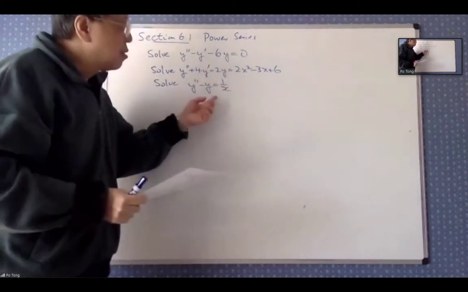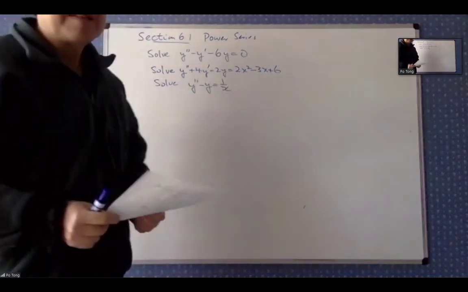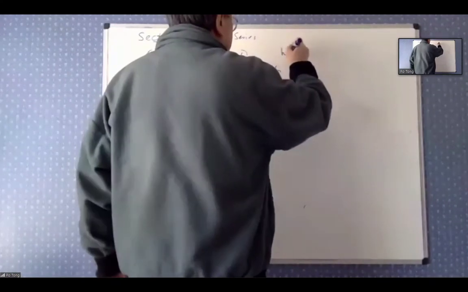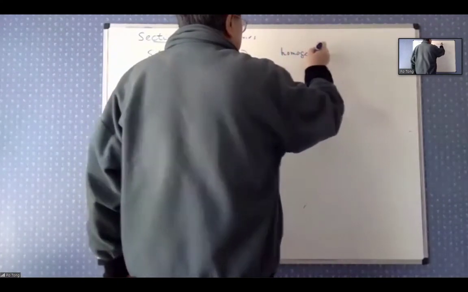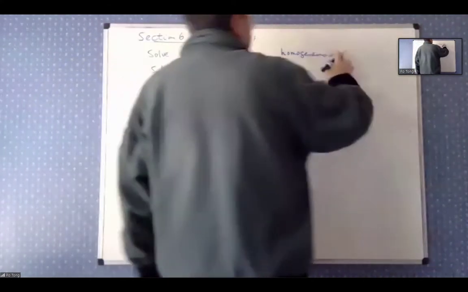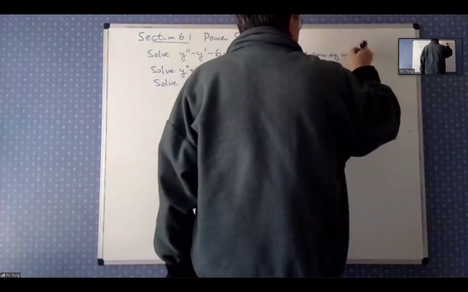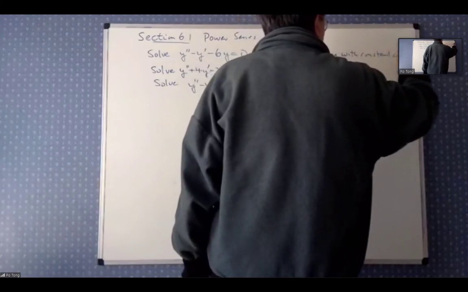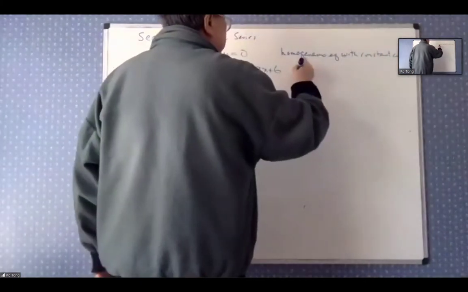What technique do we use to solve this type here? The first one is a homogeneous equation with constant coefficients, so that is easy. This one is undetermined coefficients.